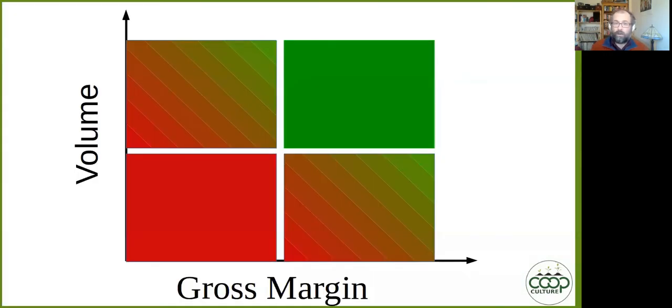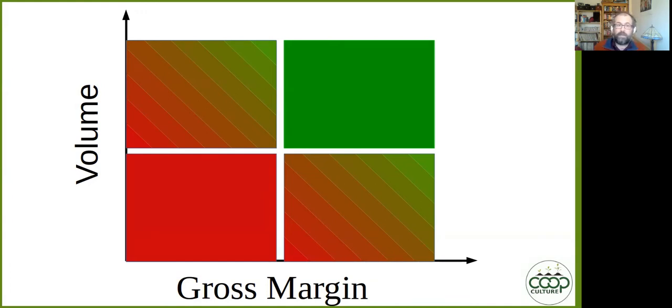So all businesses can fit themselves somewhere on this canvas. We describe a business as either a high volume, so they sell lots of stuff, low margin, they don't make much on each sale business, or conversely, a low volume, we don't sell very many things, high margin, we make a lot of money on each sale business.